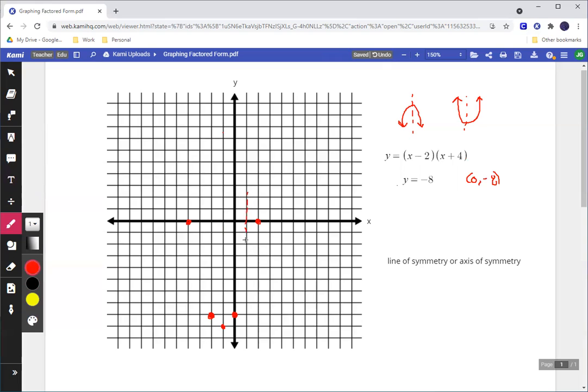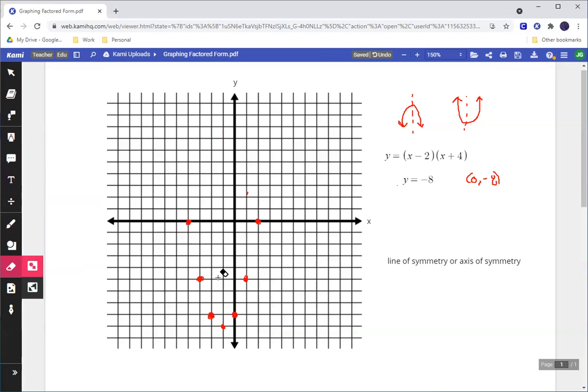So if I find a point over here on this x value, let's say I substitute in 1, that's going to get me this value here. If I substitute in 1, it'll be 1, negative 5. I can then mirror that, knowing that this is the center, over to the other side and know that that's a point as well.